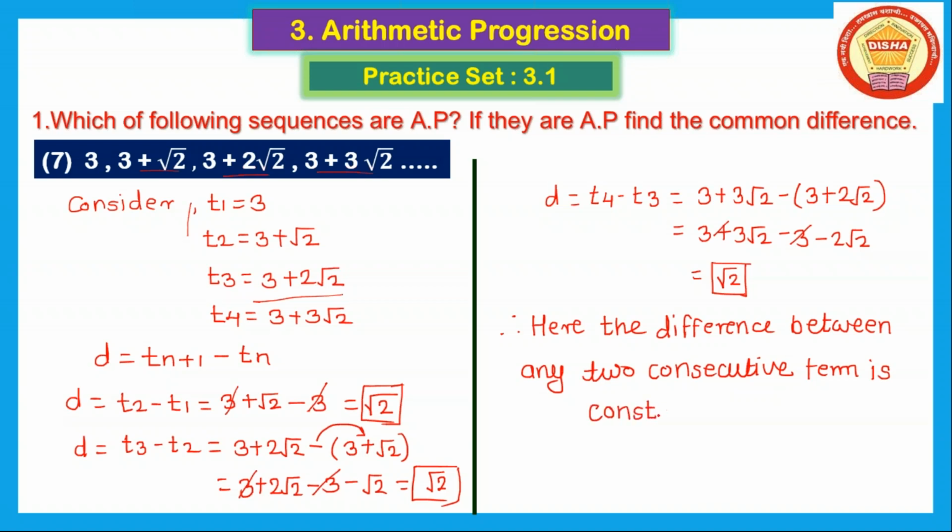Difference is constant means it is an AP. So we write here: the given sequence is an AP.